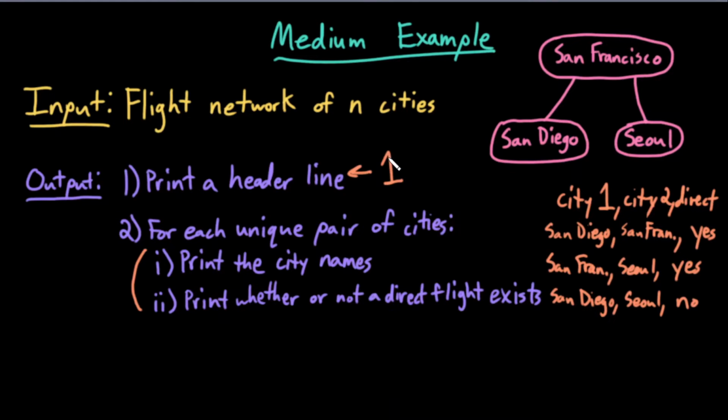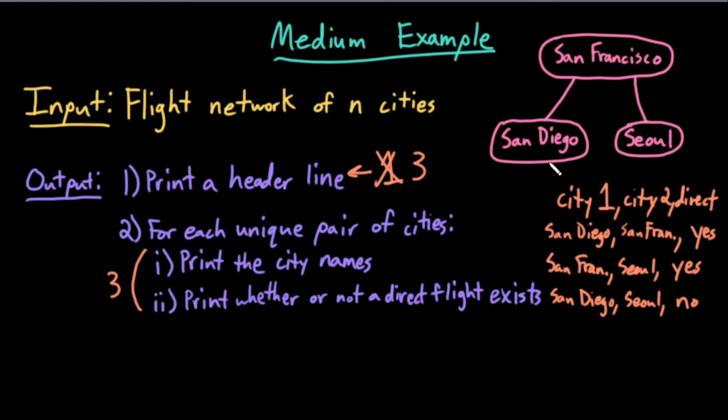Maybe let's change this. Let's say printing the city names and printing whether or not a direct flight exists is 1, 2, 3 operations. And then I do these 3 operations for each unique pair of cities.